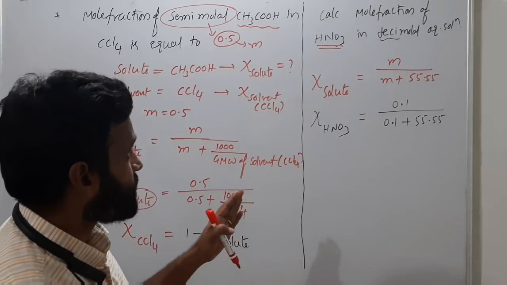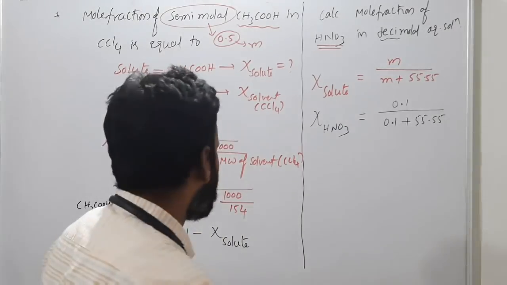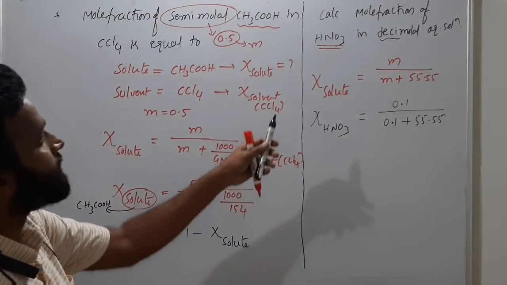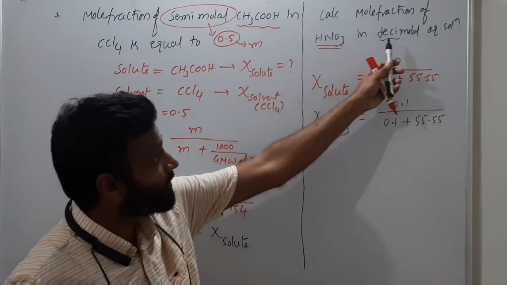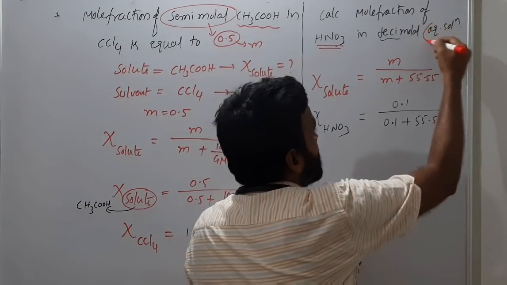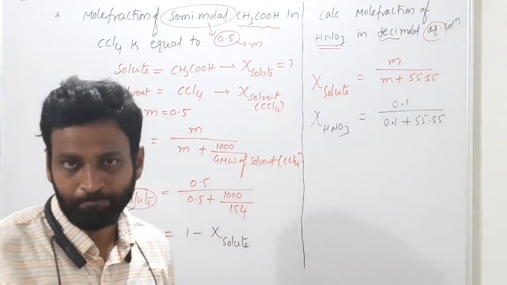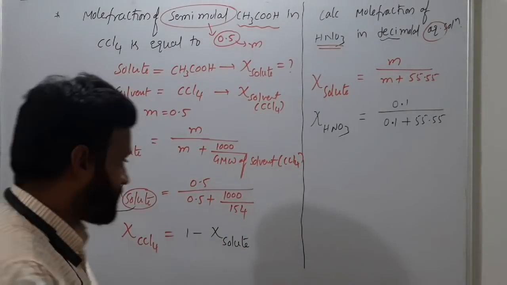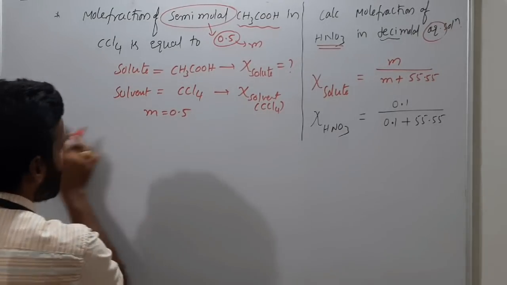I'm giving you important numericals and relations. So everyone must have all these things. So what did I do? Mole fraction of HNO3 in decimolar aqueous solution. So aqueous is given, so you can take 55.55 directly. Got it? So now let's see the same kind but one more numerical, a different numerical.